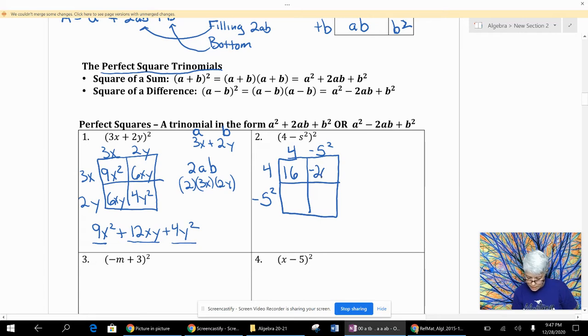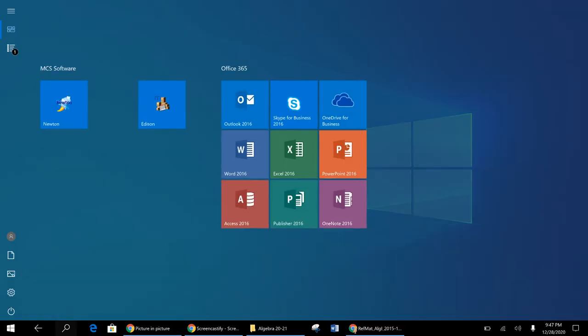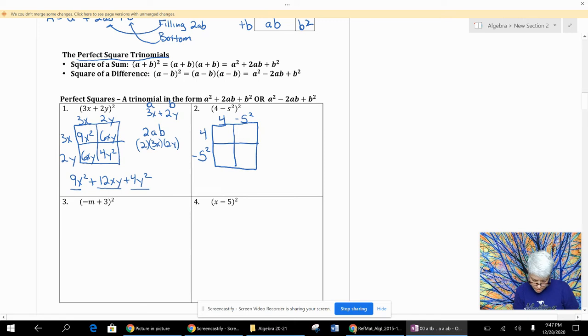Okay, sorry, this is negative 4s. So we have 16. We have negative 4s squared. We have negative 4s squared. And we have a positive s to the 4th.